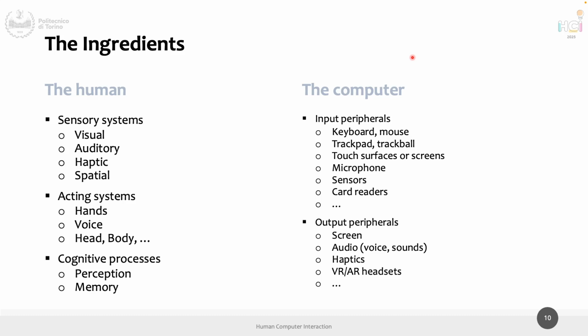And the cognitive processes are then the software we can write for a computer, in a sense. Again, we will not go into details on this, but just keep in mind that there are limitations on both ends, on what we perceive and what we cannot perceive, and what the computer can do and will not.